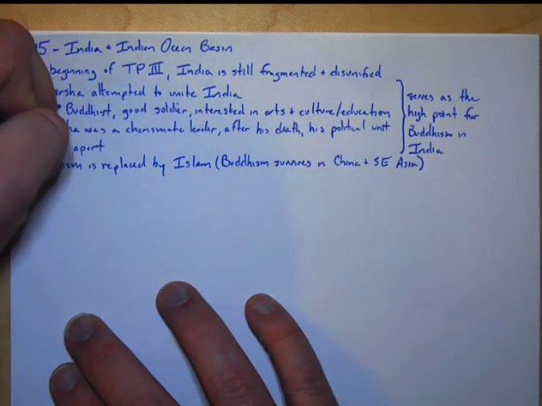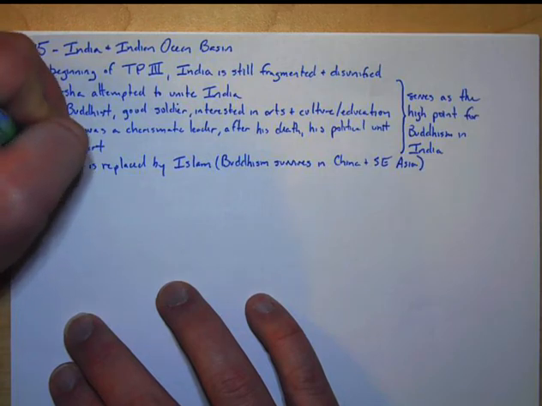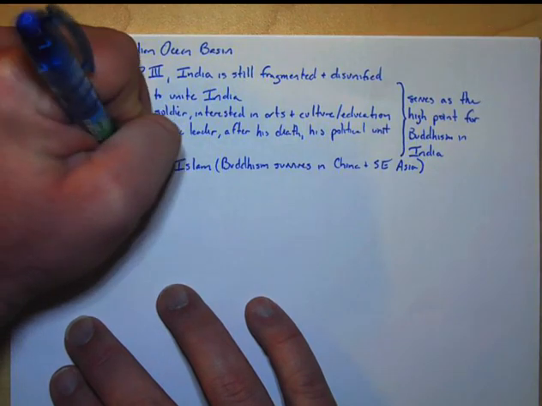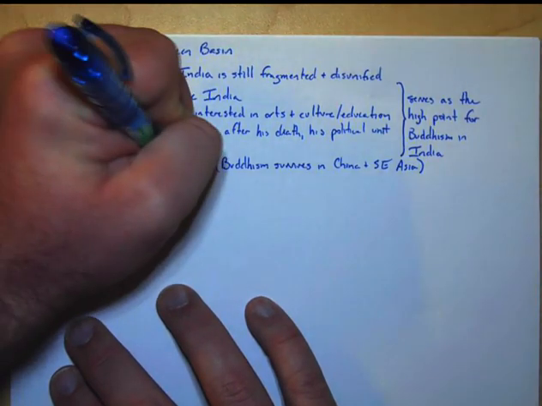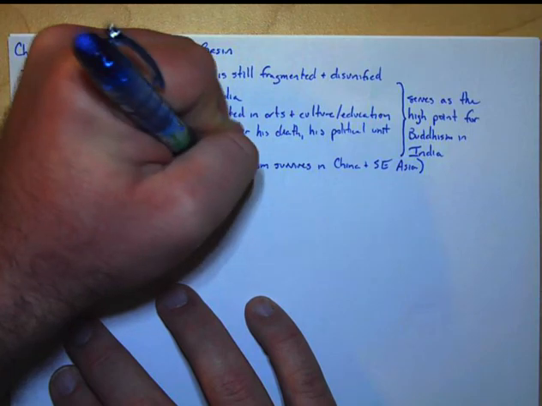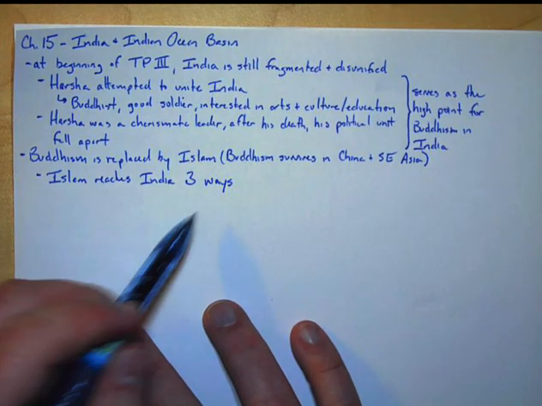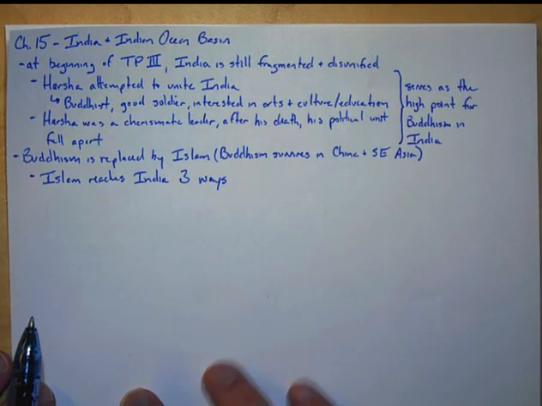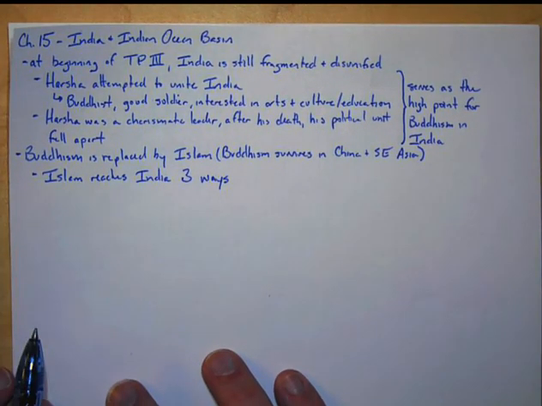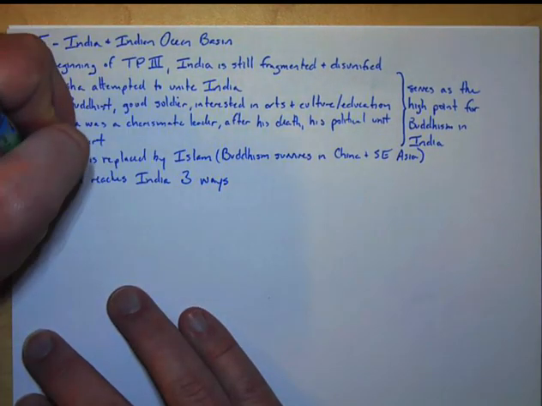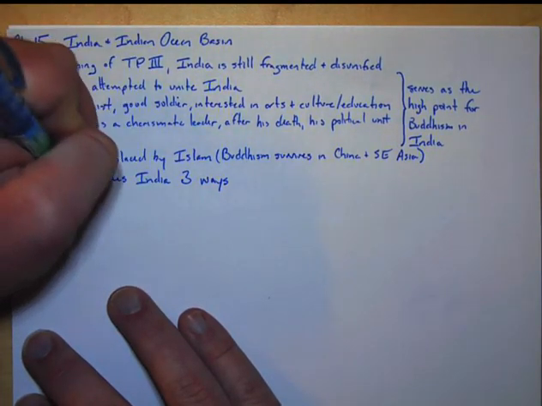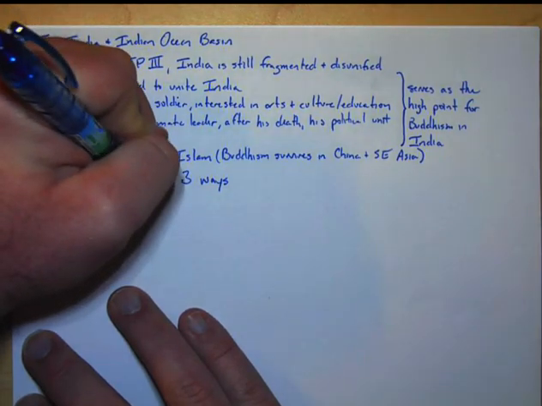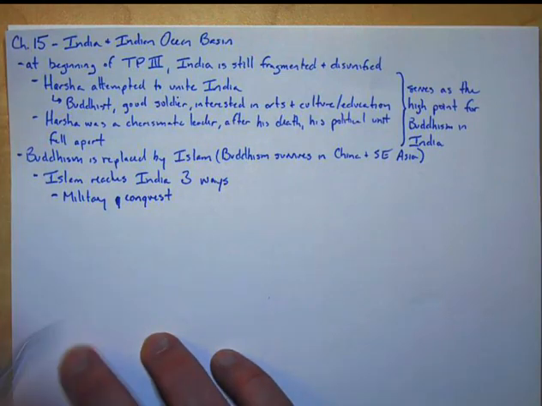So Islam reaches India 3 different ways. And the diversity of ways that Islam gets to India, I think, helps to explain why Islam becomes so popular in India. The first way comes through military conquest.